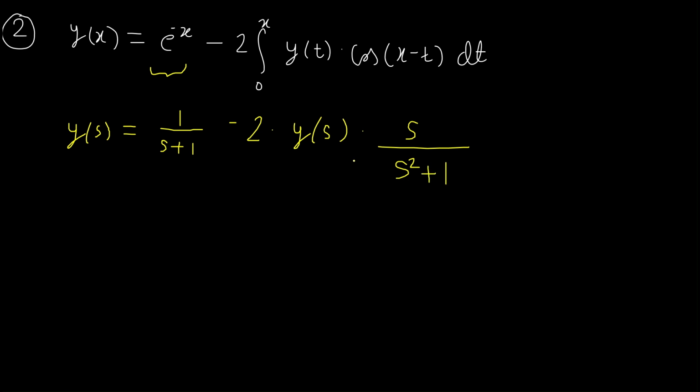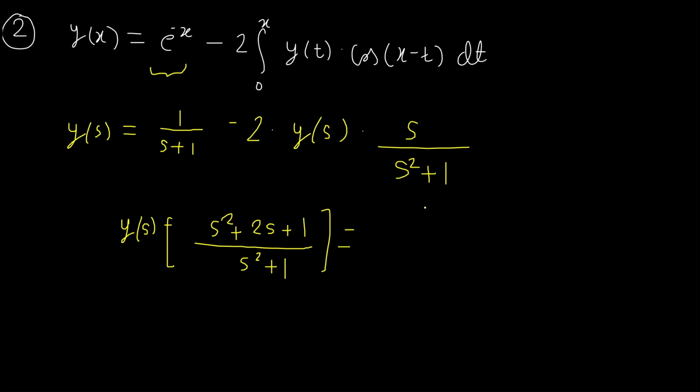Now taking this whole thing over that side, we will get Y of s, and in the bracket we will get s square plus 2s plus 1 divided by s square plus 1, and that whole equals 1 upon s plus 1.